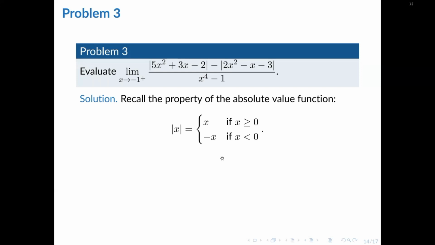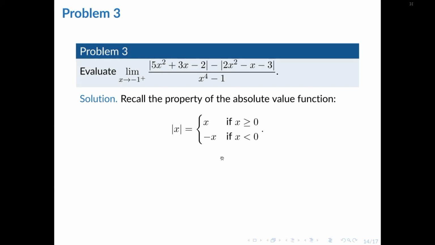So recall the property of the absolute value function. An absolute value function can be written as a piecewise function. So the absolute value of x is equal to x if x is greater than or equal to 0, and negative x if x is less than 0.